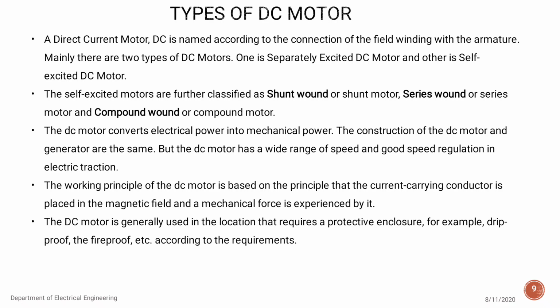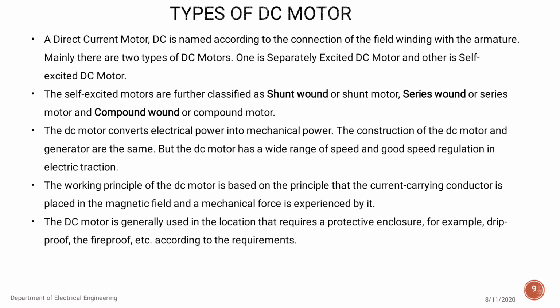Electrical traction means railway industries, where there is a major application and very good speed regulation of a DC motor is present. The working principle of a DC motor depends on Faraday's electromagnetic laws, which state that a current carrying conductor placed in a magnetic field experiences a force.